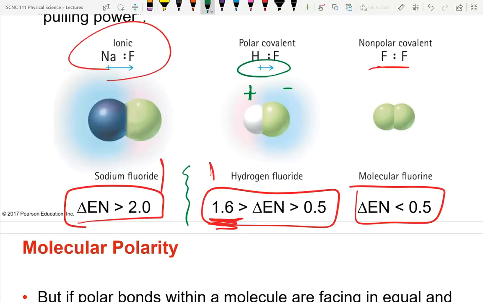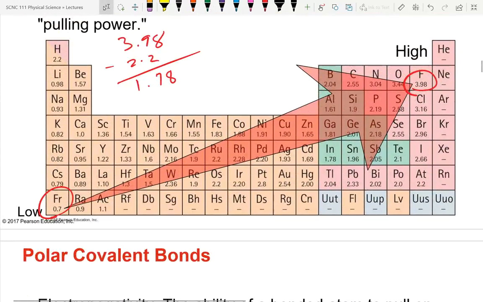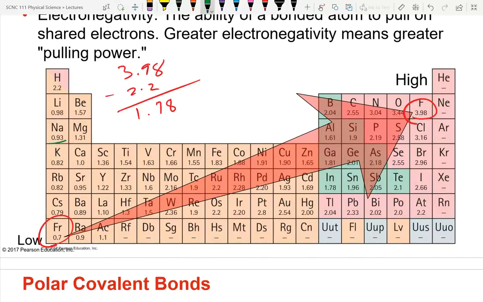And then sodium fluoride, if we look at the differences in electronegativities between sodium and fluorine, 0.93 and 3.98, that's 3.05 difference. That's very highly ionic. Now let's just take a very common thing, sodium chloride. Which kind of bond will sodium chloride have?